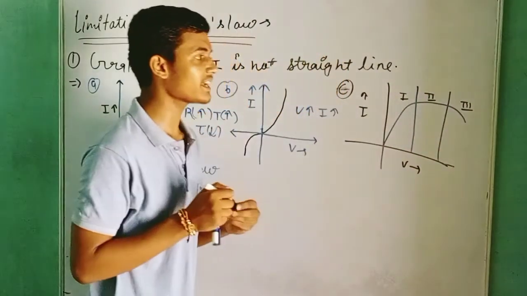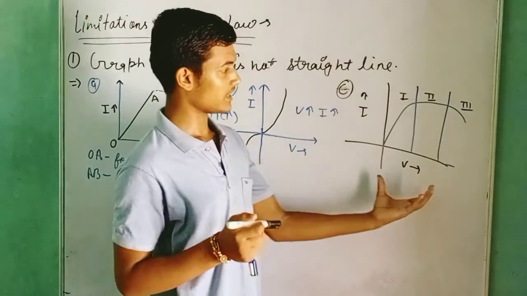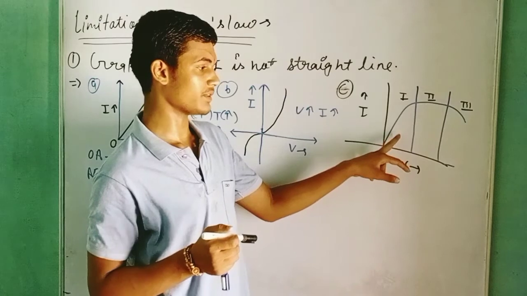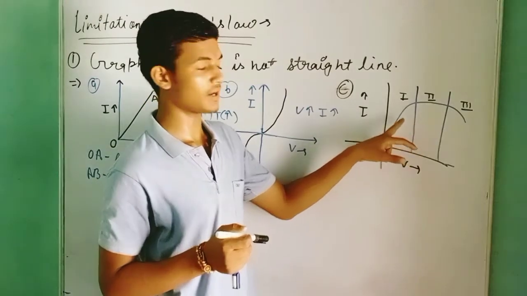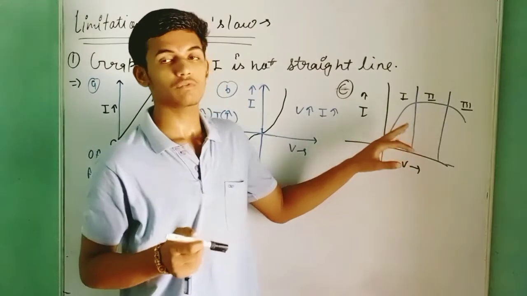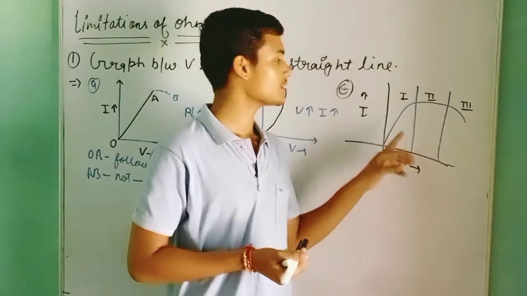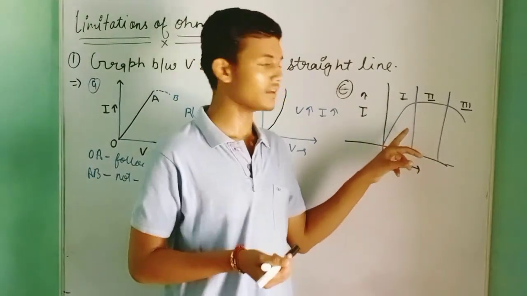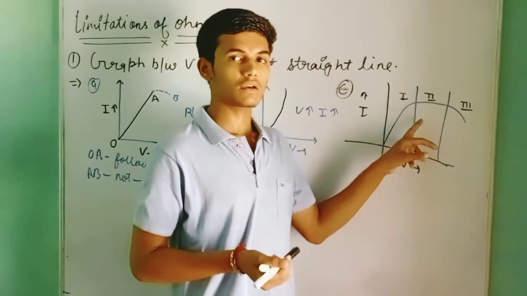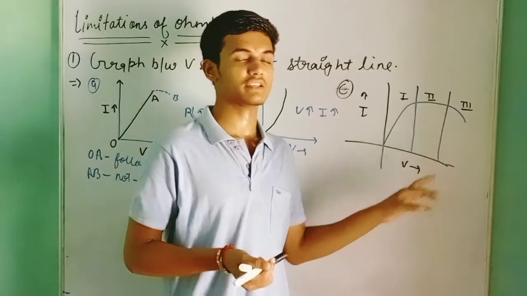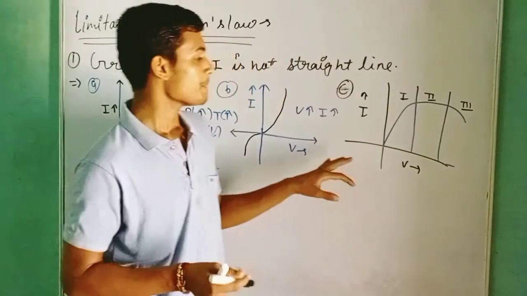That is the graph between V and I. In the first region there is a straight line, but when we increase the flow of current, the wire gets heated and resistance increases, so current decreases. So here we take C.